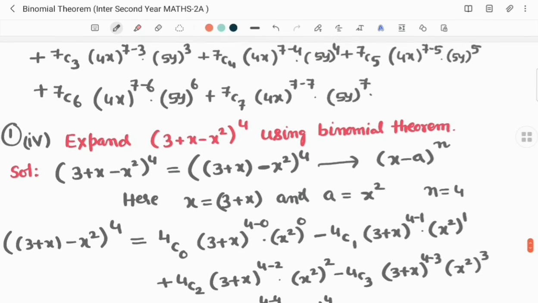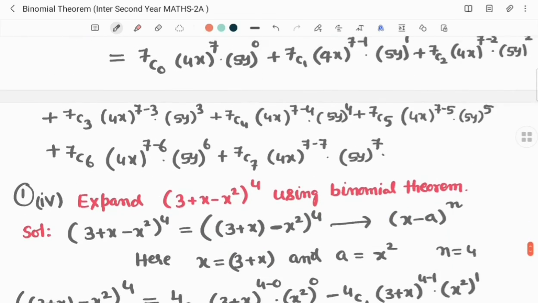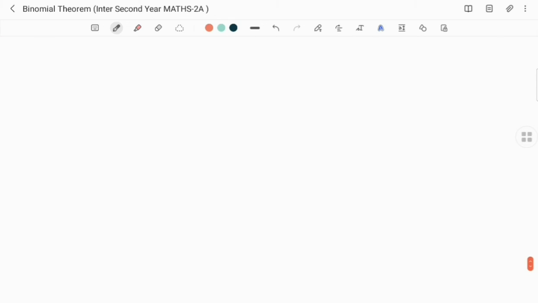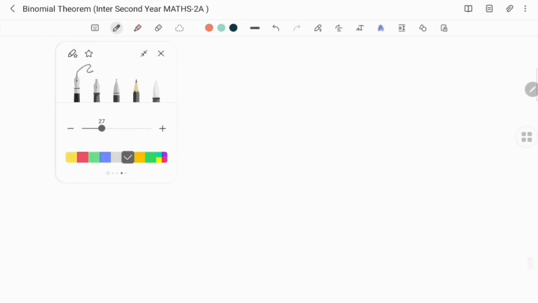Next, in that exercise 6a, out of 4 I have discussed 2 questions here, and question number 2: write down and simplify the 6th term. Here a total of 4 questions are there.